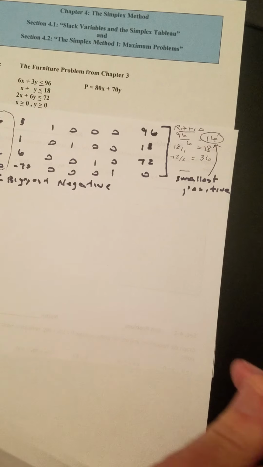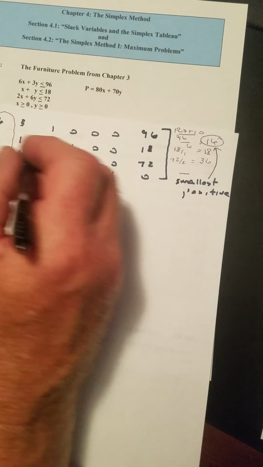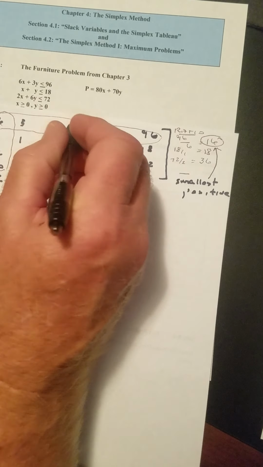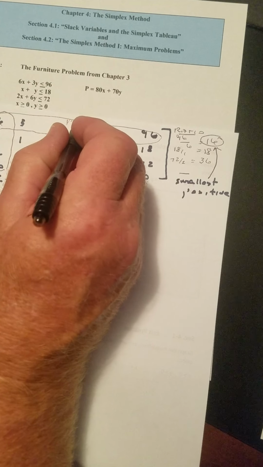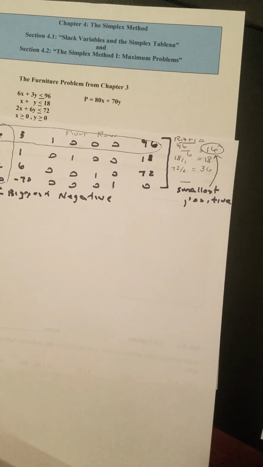If that's the smallest positive, that means this row, the top row, is now my pivot row. I don't know if you can see that, but you'll pick up on it.